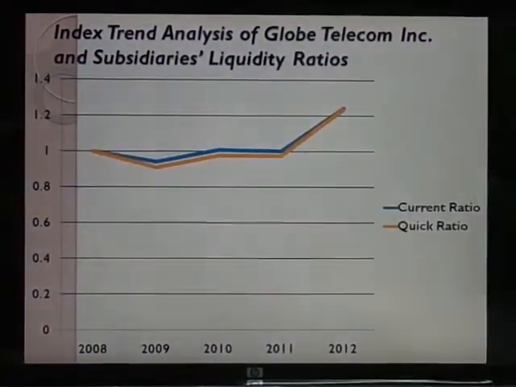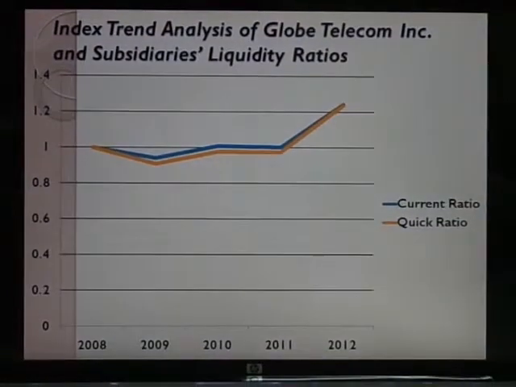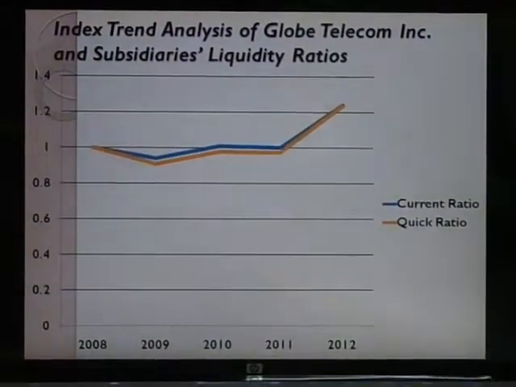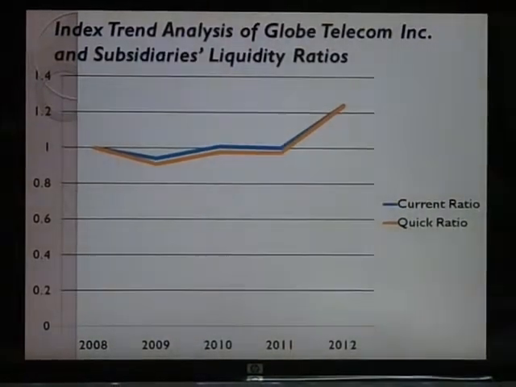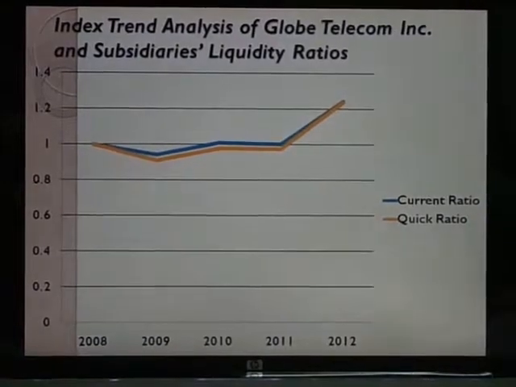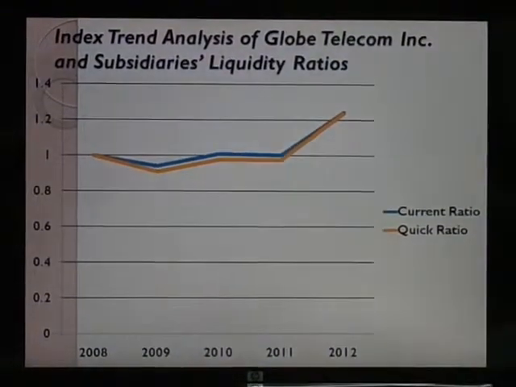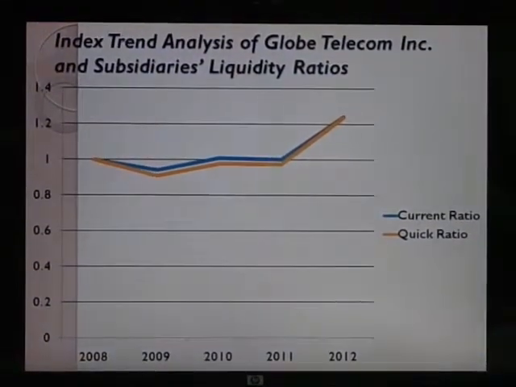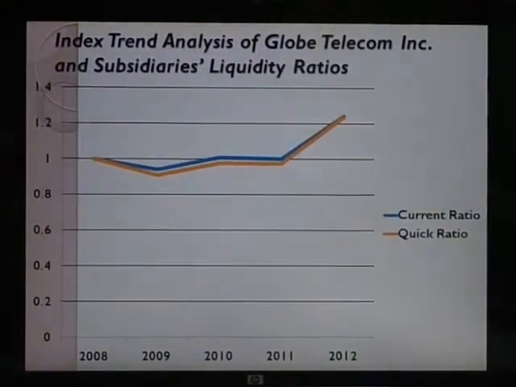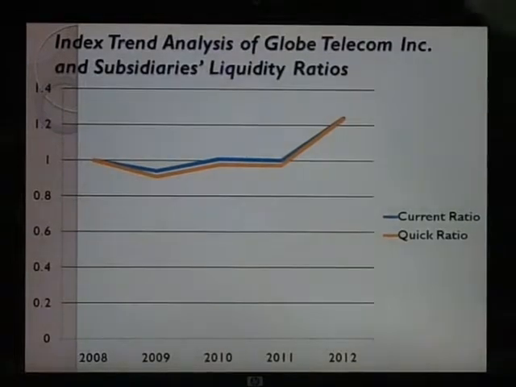And to have a clearer view of the liquidity ratios for the past 5 years, I made a graph. So this graph shows that the liquidity ratios are increasing and therefore are deemed favorable, because this means that the company can sufficiently meet its short-term obligations.